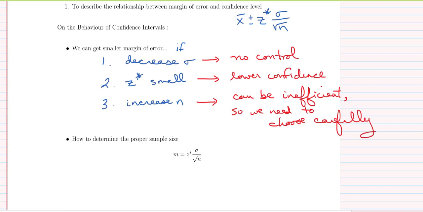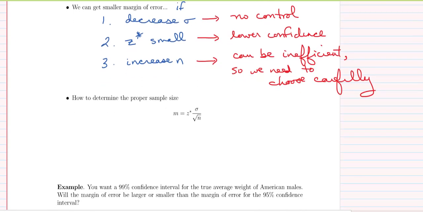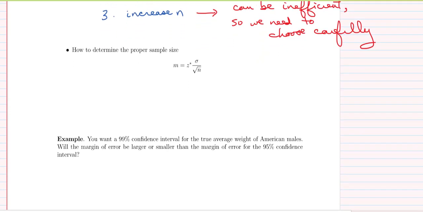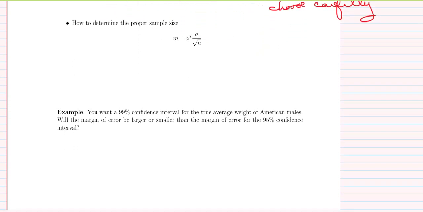Let's talk about how we can choose that carefully. The relationship that we're talking about between margin of error and confidence interval is stated in these 3 points, so you should take some time and make sure you understand what's going on here. We can determine a proper sample size by looking at the margin of error, which is z star times sigma over radical n, and we want to solve for n. In this scenario, we've selected our margin of error, let's say it's 0.01.